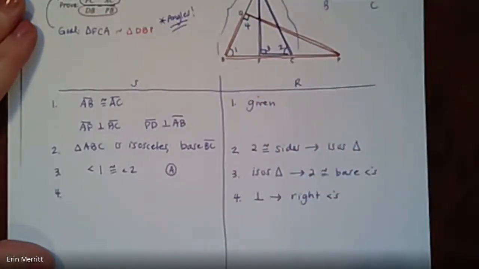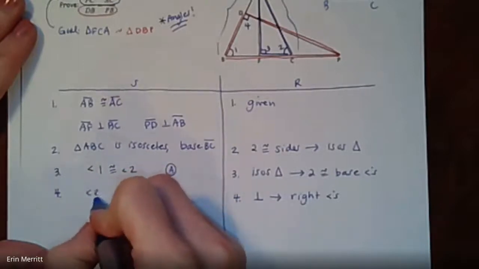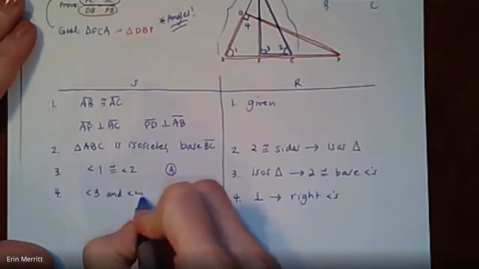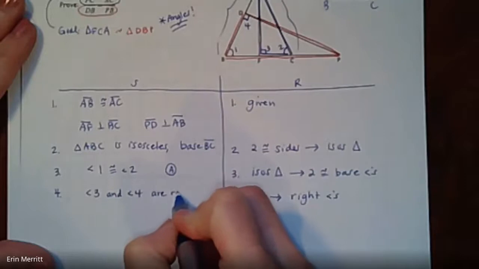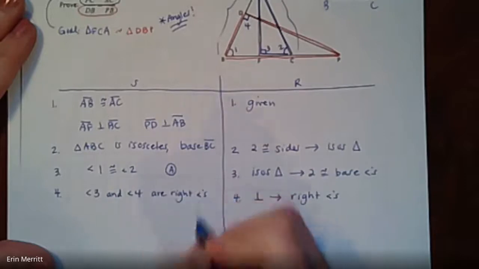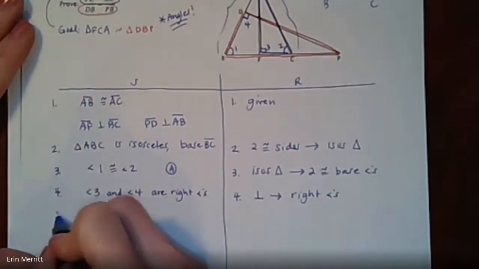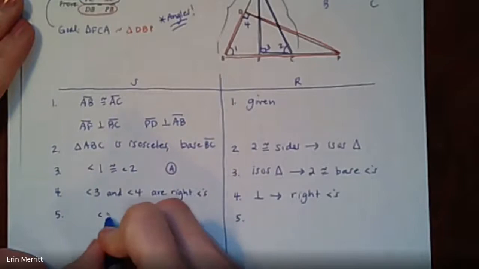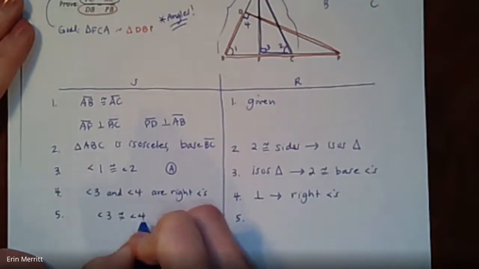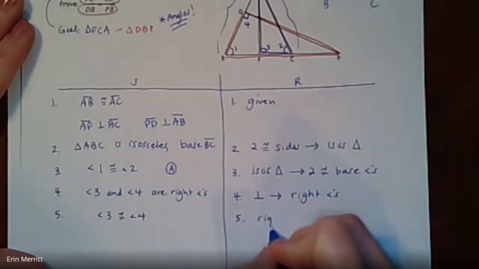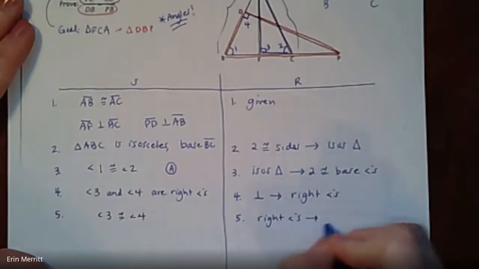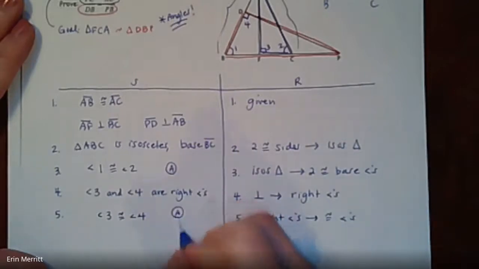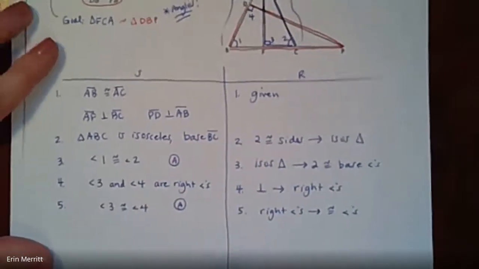It'd be AFC and BDP. Otherwise, angle 3 and angle 4 are right angles. And I only care about those ones because those are the ones inside the triangles. And if they are right angles, they are simply congruent to each other. So right angles implies congruent angles. There's my second pair of corresponding angles congruent.